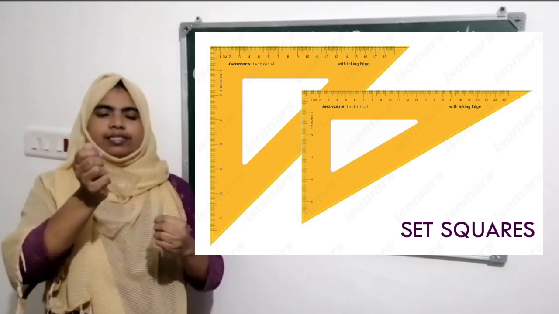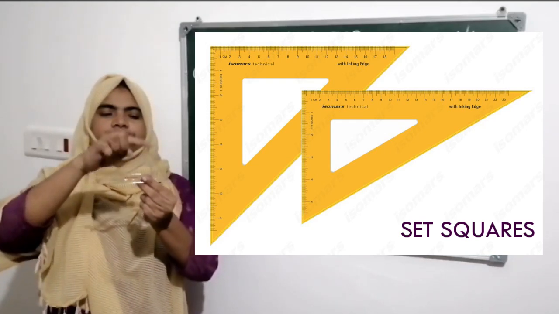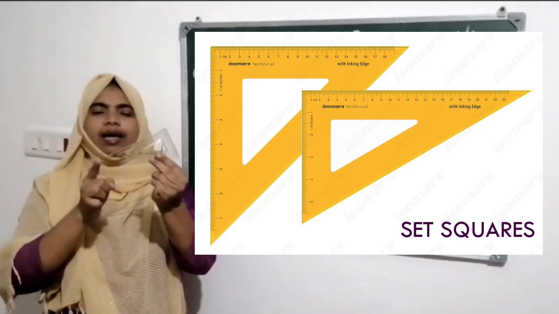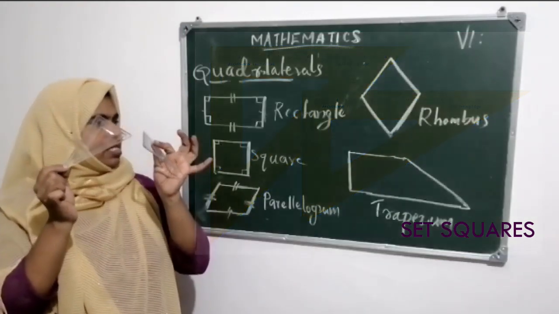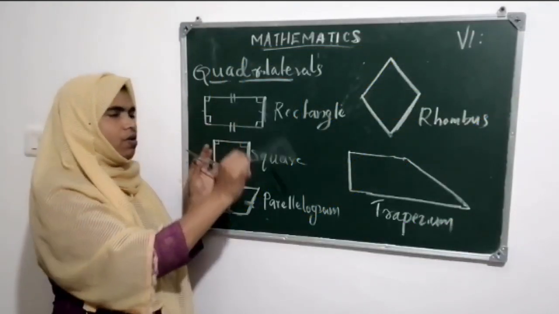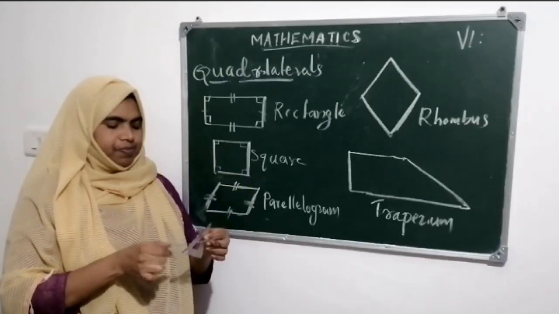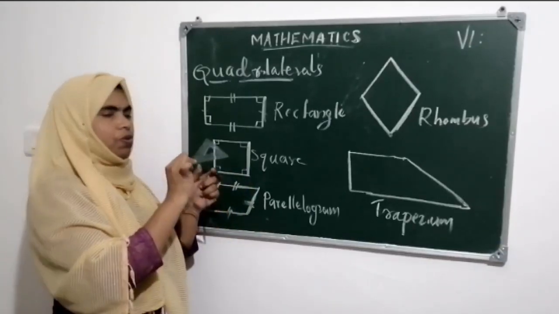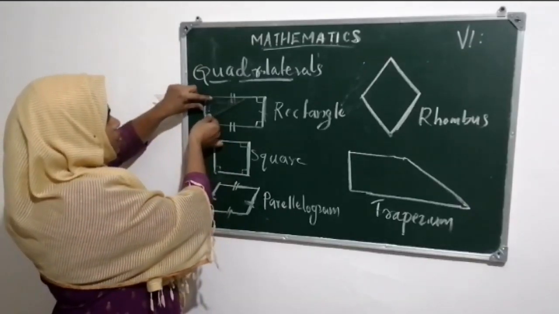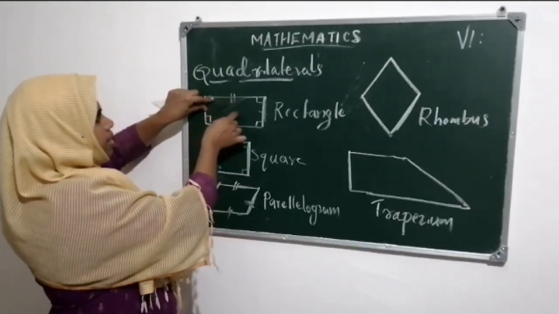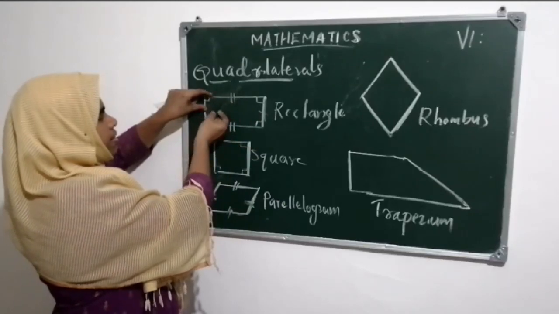The other one is 90 degree, 60 degree and 30 degree. These are two set squares. Using these two, you can draw all of these very easily. Two set squares keeping like this, we can draw very easily.